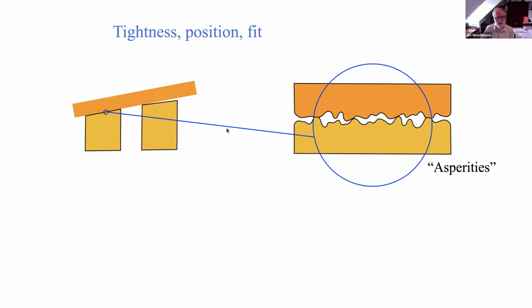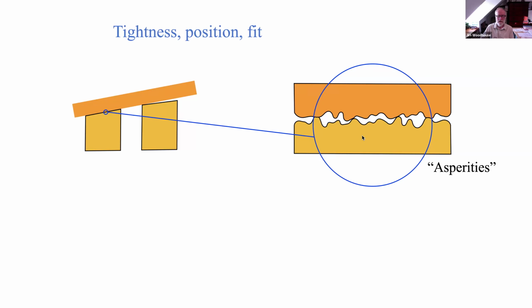But it's not as simple as that. The thing that looks as if it's fitting snugly, if we were to put it under a microscope, the two surfaces are not perfectly flat and perfectly mated. And in, again, a cartoon form, both surfaces, the inside of the top and the end of the post, have got little lumps and bumps, which in the technical jargon are called asperities.